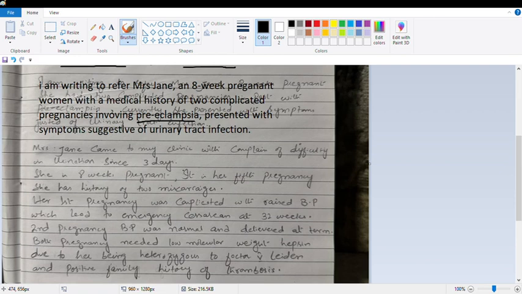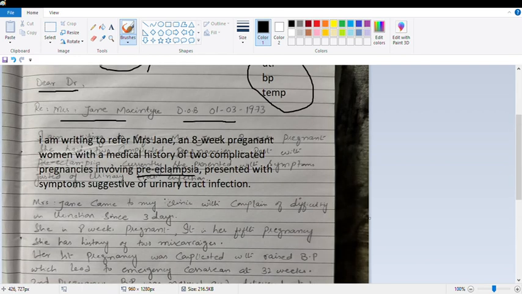Yeah, so now where we were, yes, we were talking about preeclampsia. The main thing is that you have to know what happened to the patient. If we take the example of preeclampsia, we know that in preeclampsia women mostly suffer from high BP.